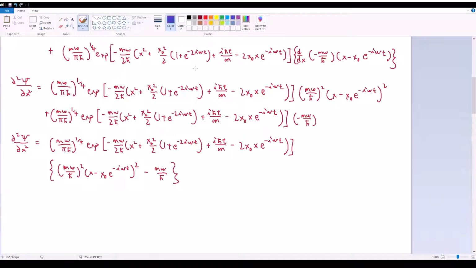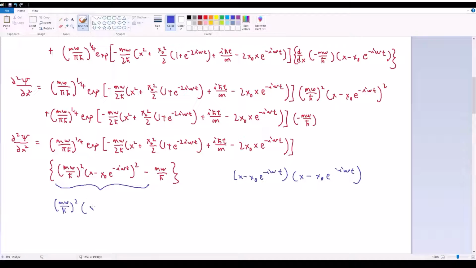So this distributed term is going to simplify a little bit. This is going to be (mω/ħ)² multiplied by (x − x₀ e^(−iωt)) times (x − x₀ e^(−iωt)).